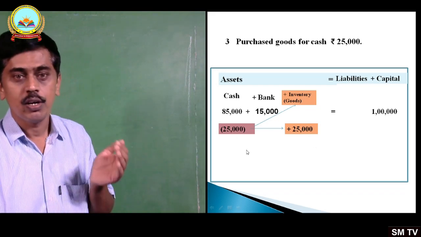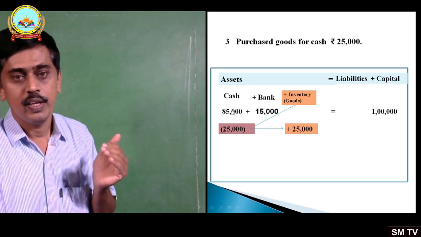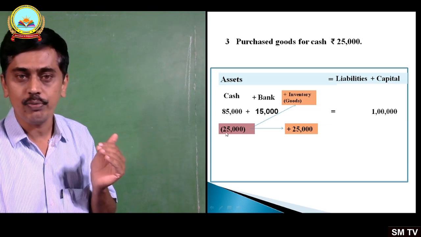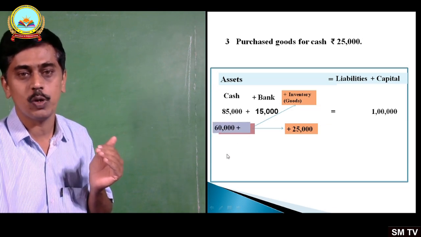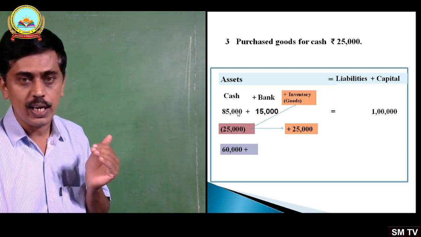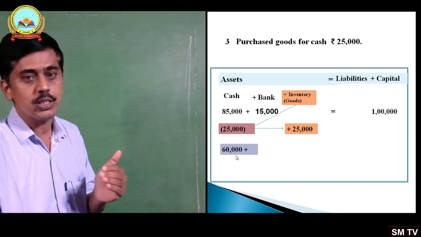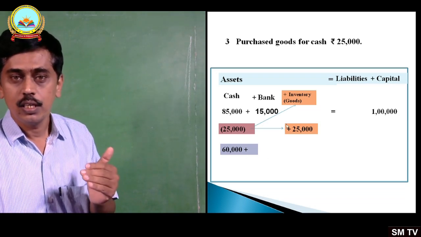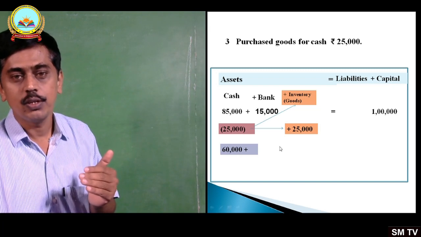So now let's see the effect. 85,000 was the cash before this transaction. Now 25,000 is paid, so the remaining amount is 60,000. 85,000 minus 25,000 is 60,000. Then 15,000 in the bank, no change.